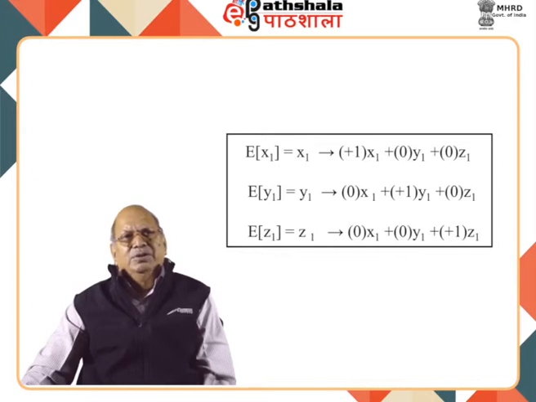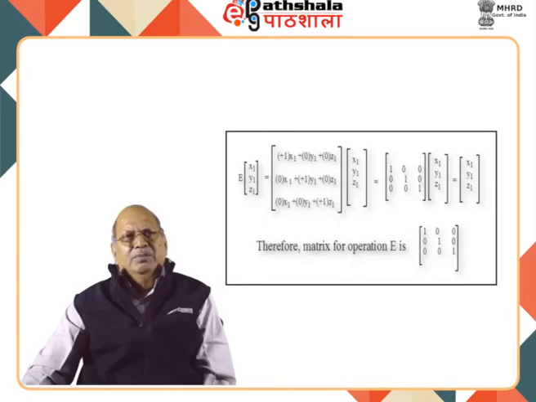E operated on z1 gives 0 x1, 0 y1 and plus z1, where x1, y1, z1 are the components of vector r along the x, y, z axes. These components are not shifted by the symmetry operation. In matrix form, these equations can be written as shown here, and the ultimate matrix for E is 1 0 0, 0 1 0, 0 0 1.